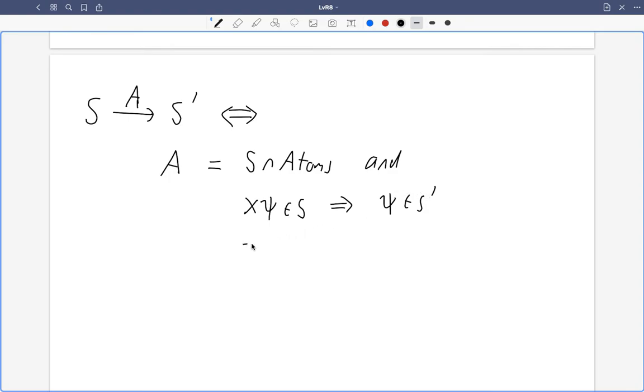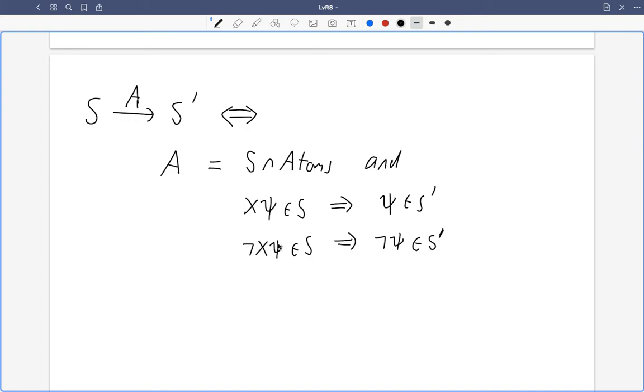And similarly, if it's not the case that next psi holds in S, well then we want that not psi belongs to S prime. Because if psi were true at S prime, then next psi should have been true at S, whereas we've got not next psi.